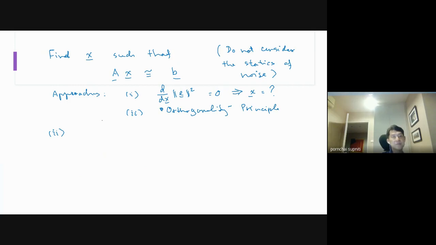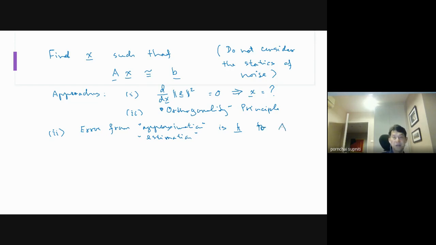So approach number two, the orthogonality principle, says that the error from approximation, or estimation, or from projection, is orthogonal to the vectors that you use.